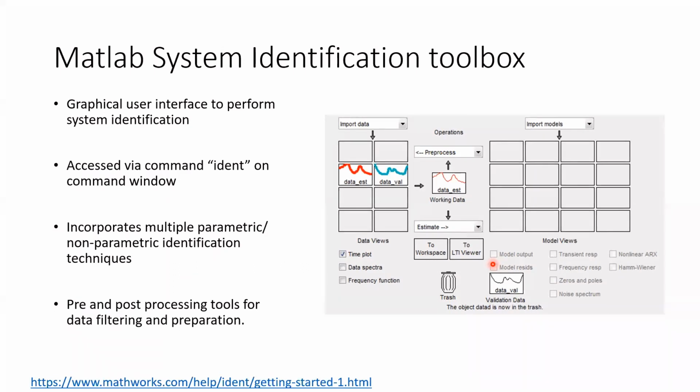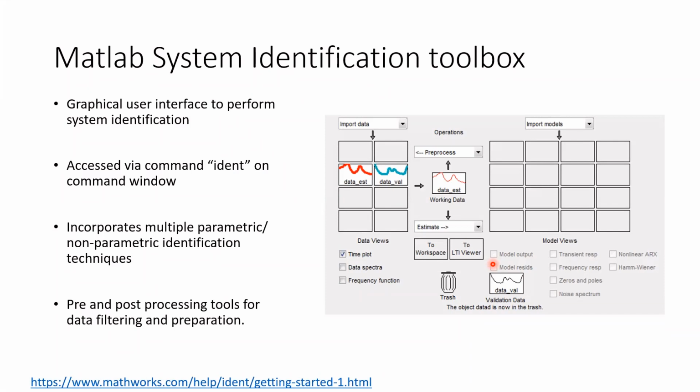This toolbox already incorporates all these single methodologies, and based on them, we can choose and determine the most suitable model for the input-output data that we have. In addition, we have pre- and post-processing tools that help us to clean the data and assess if our model has a good or bad fitness. That's the main idea in this case.